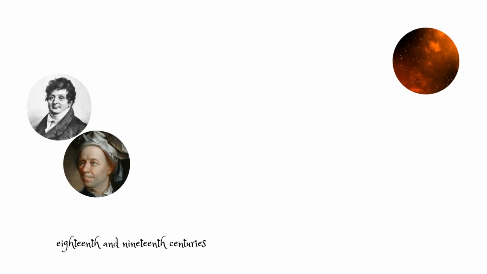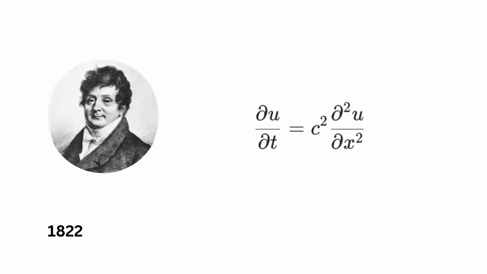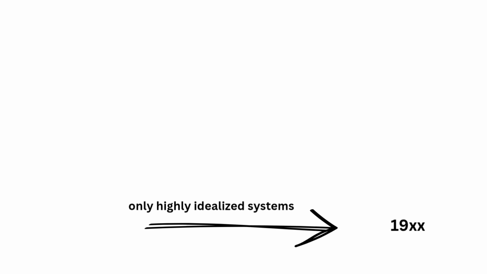Historically, this became one of the biggest turning points in applied mathematics and engineering. Partial differential equations started becoming formalized during the 18th and 19th centuries through the work of mathematicians such as Fourier, Euler, and others studying heat transfer, waves, elasticity, and fluid flow. Fourier introduced the heat equation in 1822, and for nearly a century afterwards, scientists could mostly solve only highly idealized systems with simple geometries and boundary conditions.